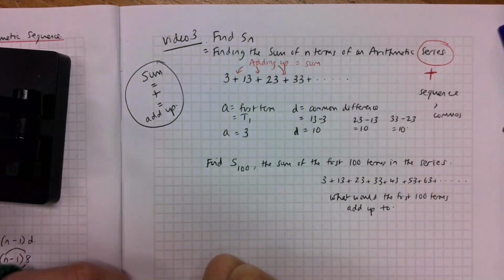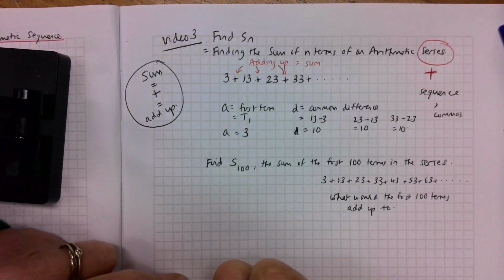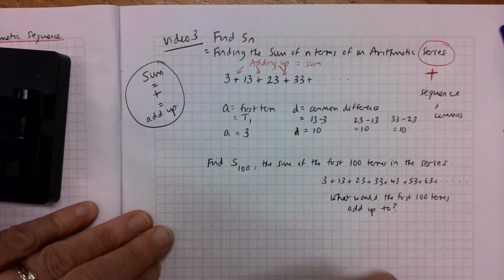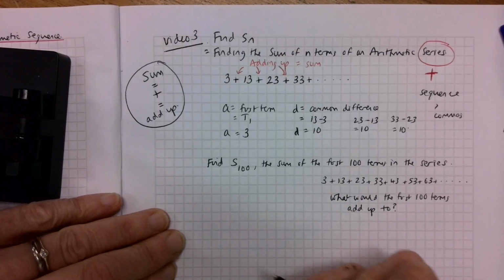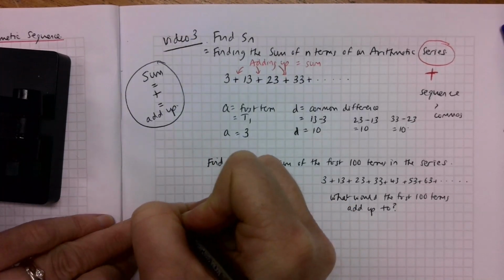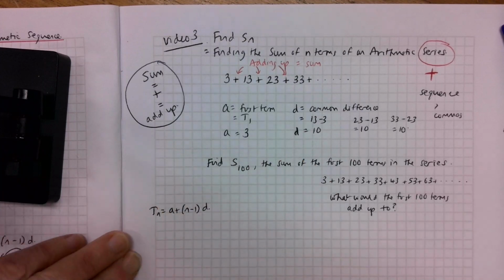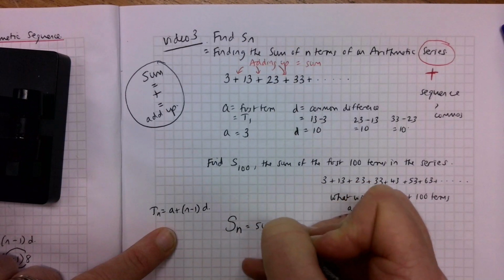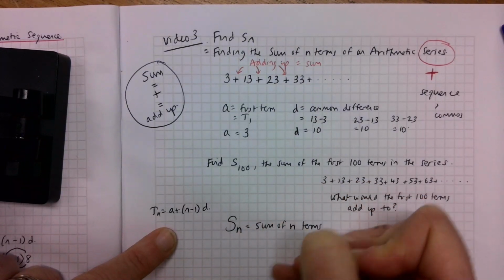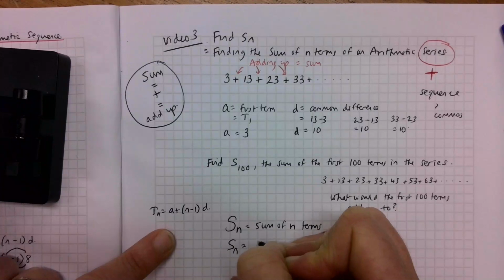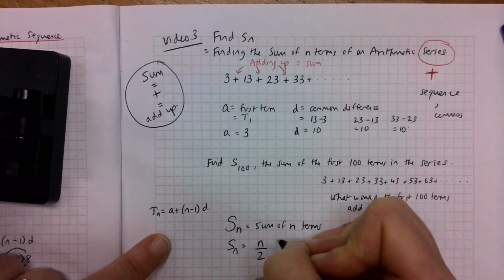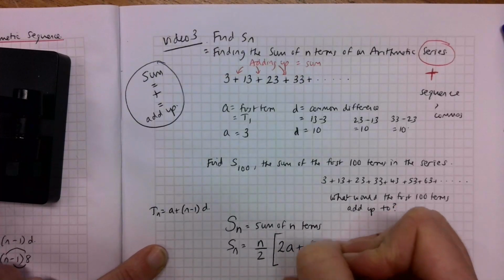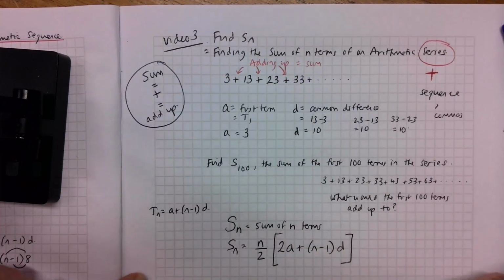Now, that can take a long time. Even to work out what those 100 terms are would take a long time. So we do have a formula. The formula looks a little bit like our formula for Tn. Remember our formula for Tn? Our formula for Sn, which is the sum of n terms, Sn is equal to n over 2, twice A plus n minus 1 times d.